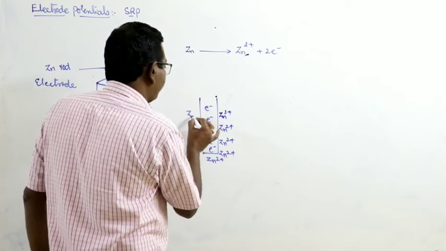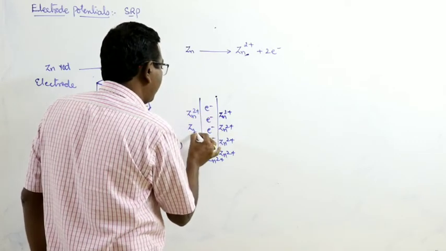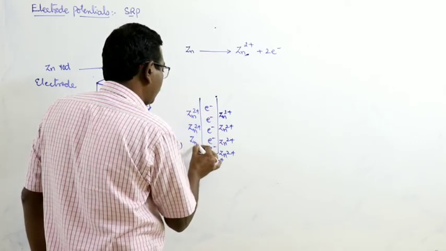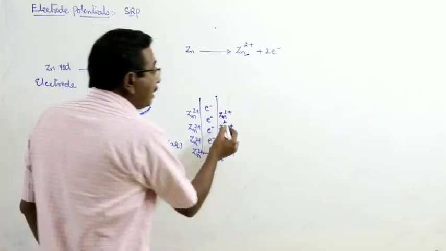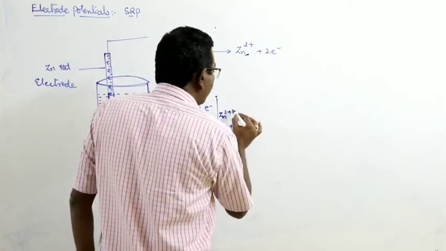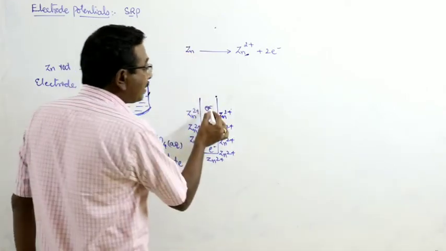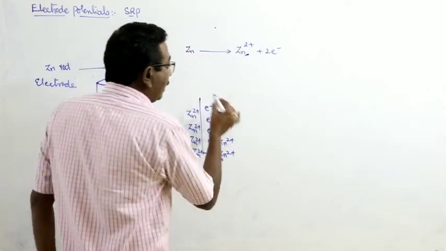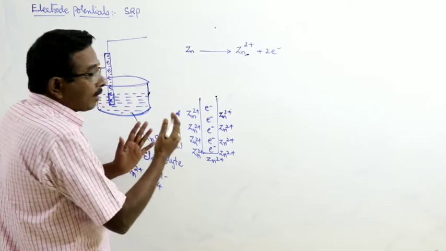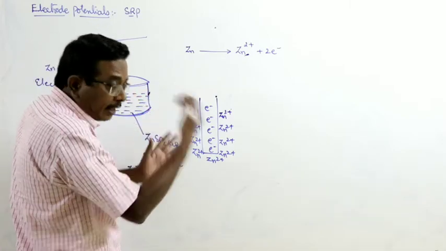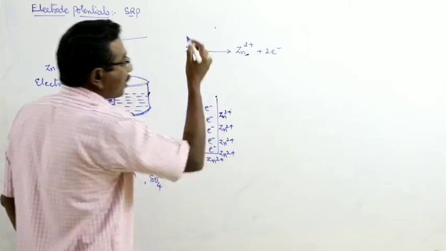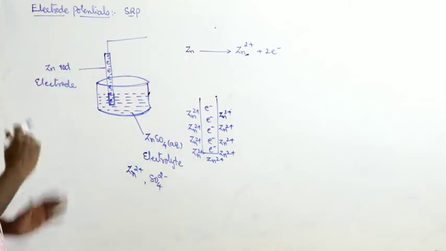What is the charge of the zinc ions? Positive. What is the charge of electrons? Negative. Here, automatically, there will be an interaction created between the oppositely charged particles or oppositely charged ions.